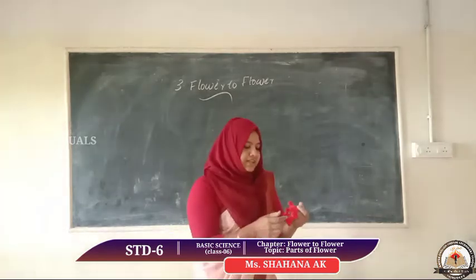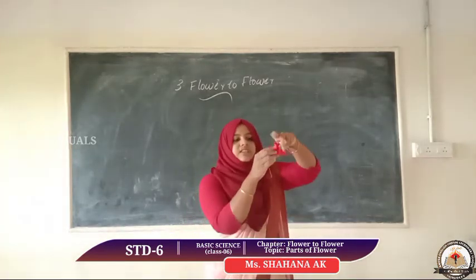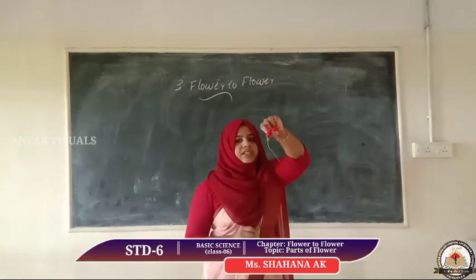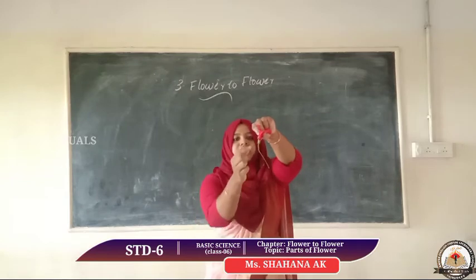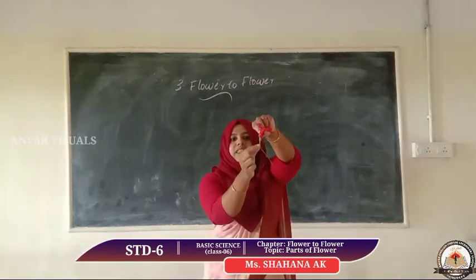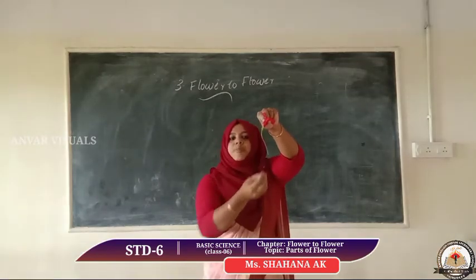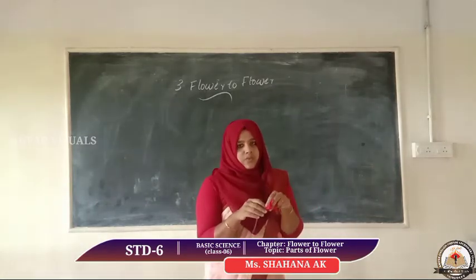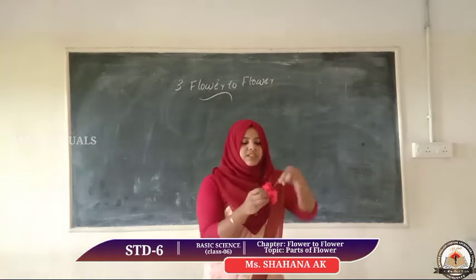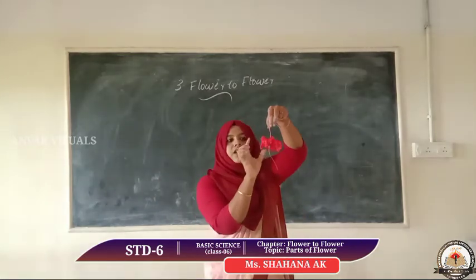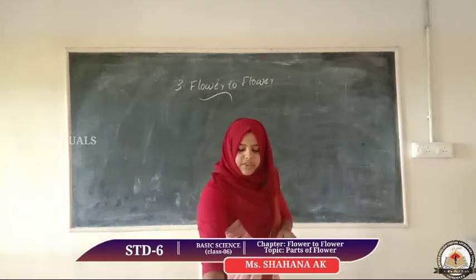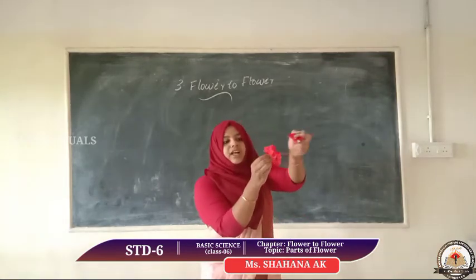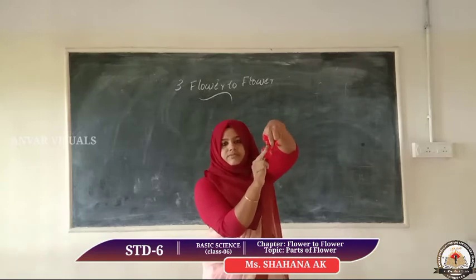And another part, all of you look at here, this cup-like part is called calyx, and this portion is called thalamus, and here is the pedicel of a flower. These are the important parts of a flower. Here is androecium, corolla, and here is gynoecium, and this one is called calyx.